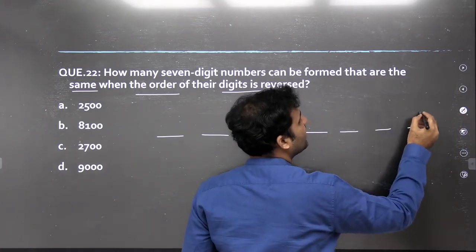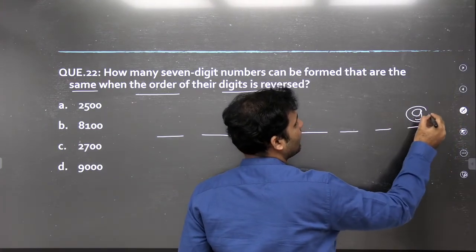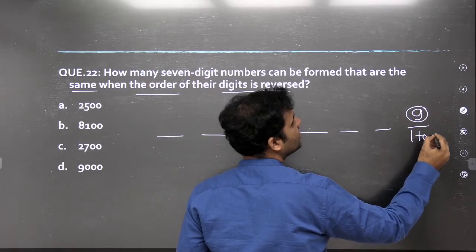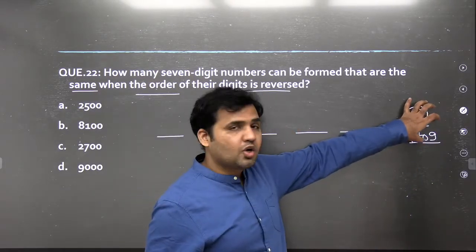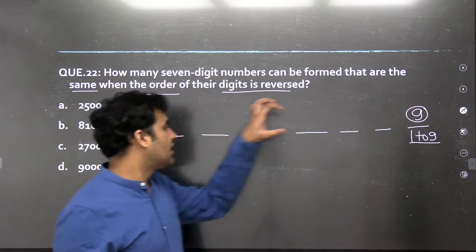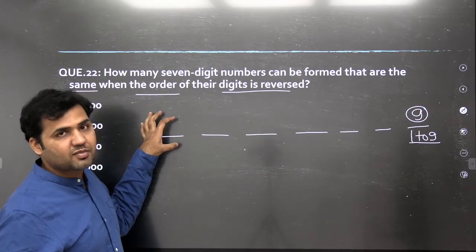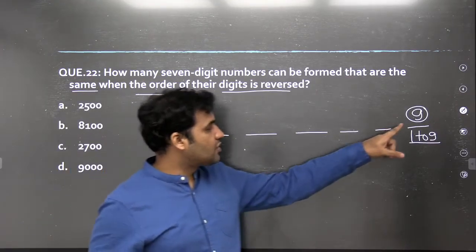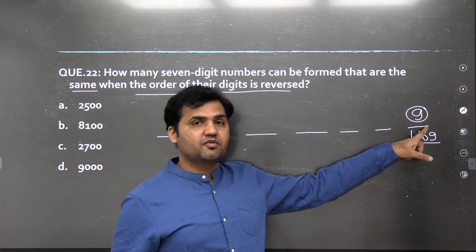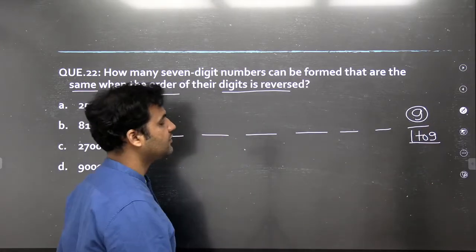The unit digit can only be filled in 9 ways. Why 9 ways? You can use any digit from 1 to 9. Why not 0? Because if you place 0 over here, the same digit has to come on the first place also, but then the number will not be a 7-digit number. So therefore 0 cannot come at the last place if you are making a 7-digit number.